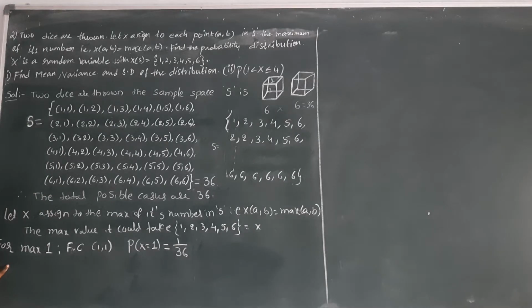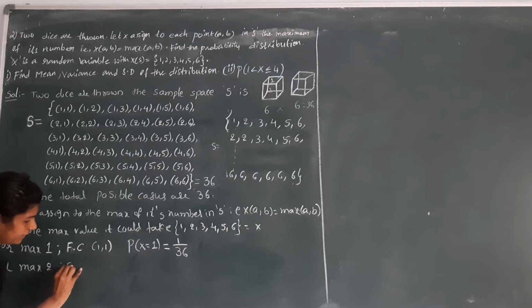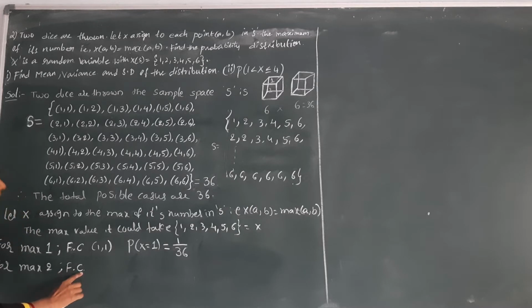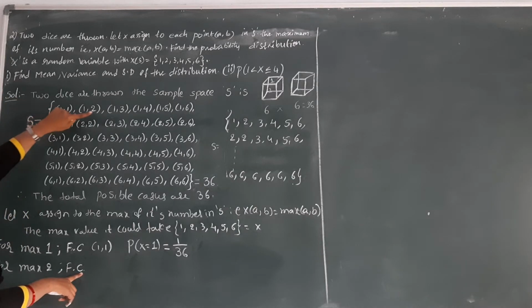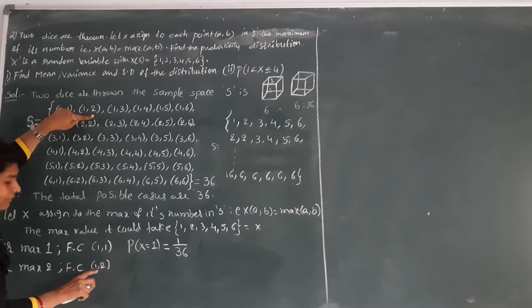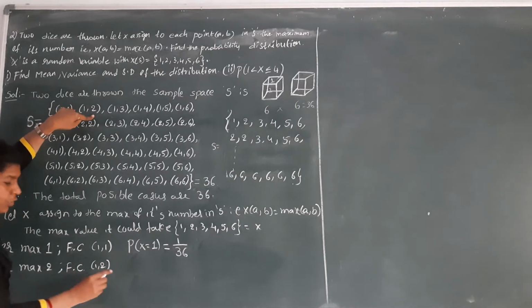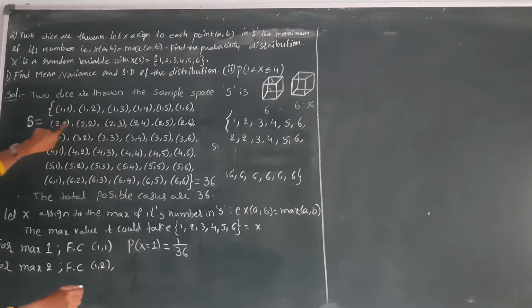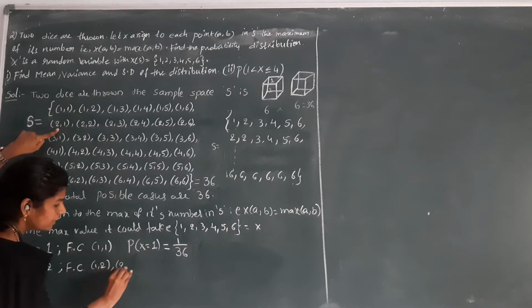Next, for maximum number 2, I am writing the favorable cases. To get maximum 2, we have one chance, that is (1, 2), where 2 is the maximum. One more chance is (2, 1).